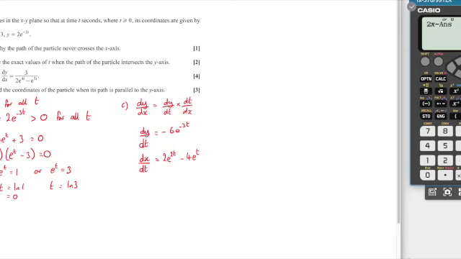So then dy by dx is going to be minus 6e to the minus 3t over 2e to the 2t minus 4e to the t.